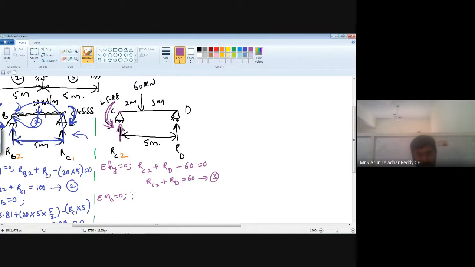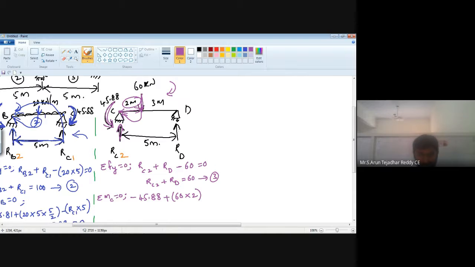So we can write it as minus 45.88. Next, the 60 kilonewton load is acting. How is it moving? It is moving in this direction, that is clockwise. Consider positive. Load is 60 into, what about the perpendicular distance from load to point C? That is 2 meter.